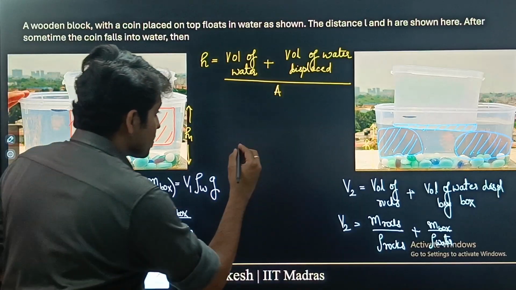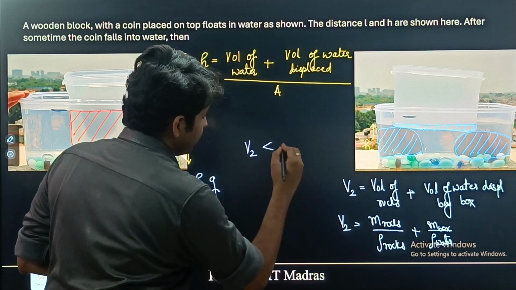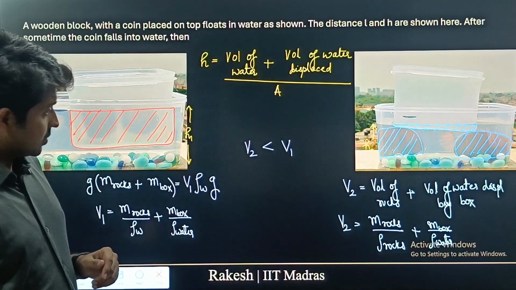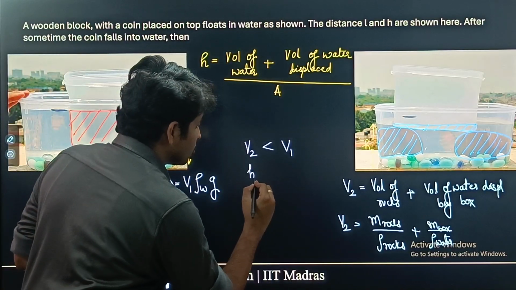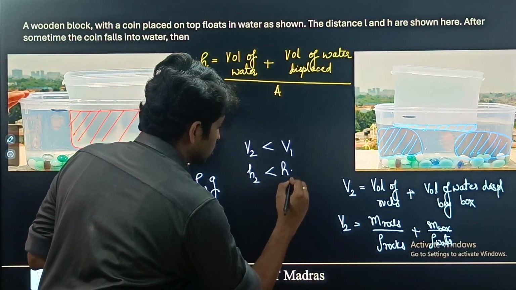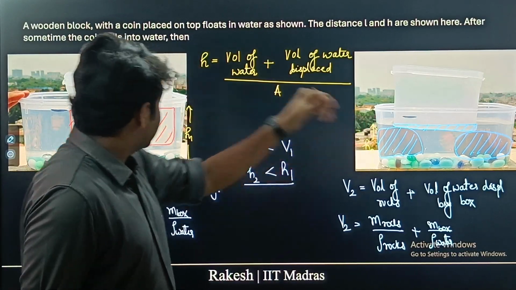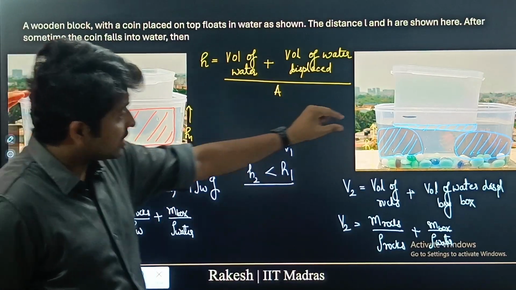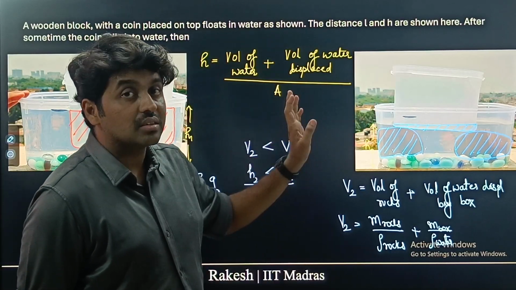So what can we say? V2 is less than V1. If V2 is less than V1, then H2 is less than H1. That means the height here is less than the height here. So that is what we can see here, that the water level height here has decreased.